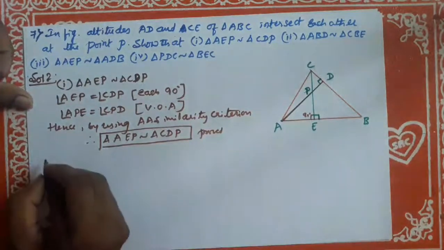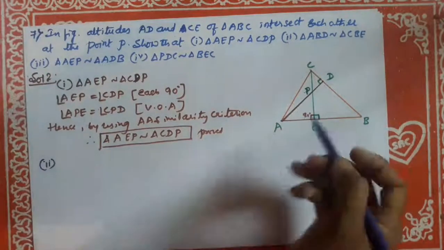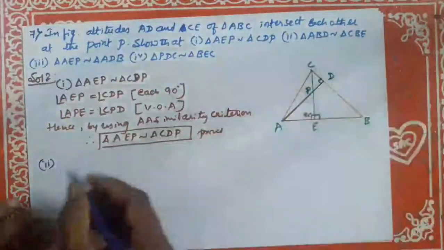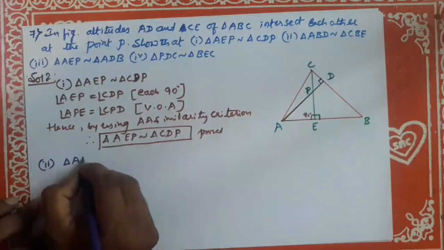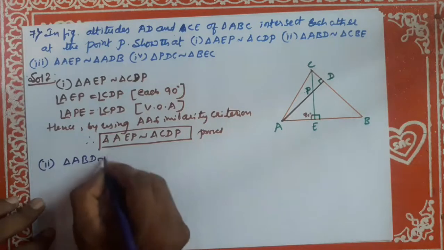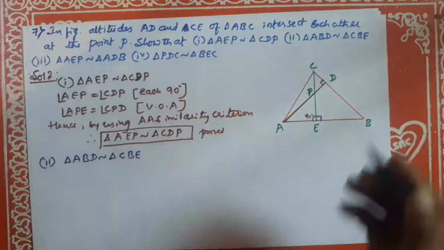Next, the second one. We need to prove that triangle ABD is similar to triangle CBE.